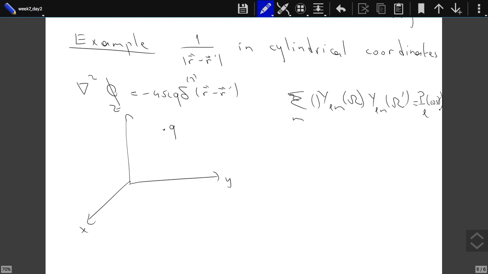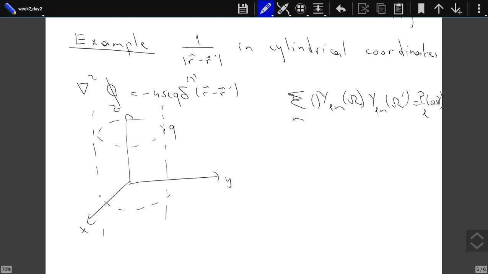You see, this Y_LM is a part of the general solution in spherical coordinates. Now in cylindrical coordinates, we will basically do the same trick. We will divide our region into two: a cylindrical region that contains the point r is equal to 0, and our charge is on this surface.